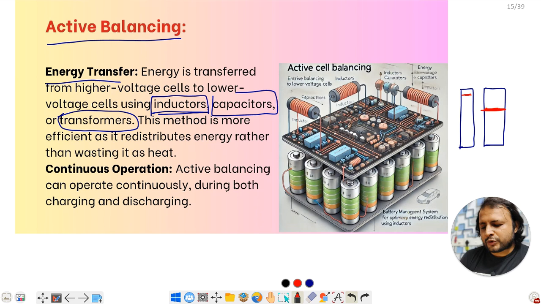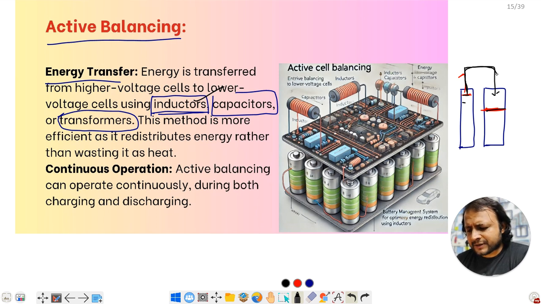In the earlier method, we took energy out from the higher cell and released it, so we had a loss of energy. Now what we will do is connect them with the help of capacitors, inductors or transformers, and transfer this energy to this cell. Suppose this one is 90 and this one is 70, so on average energy will transfer to this one.